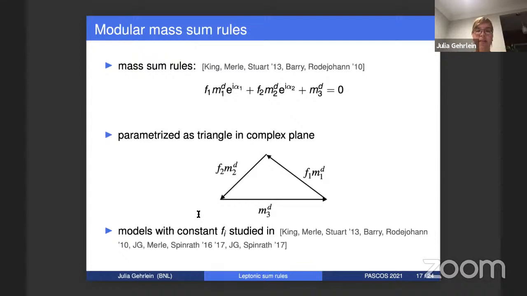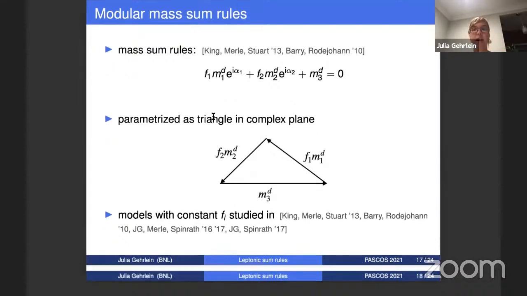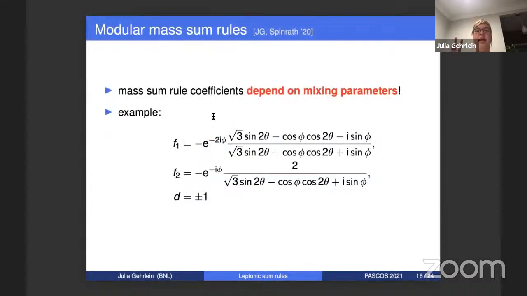Previously, models with constant coefficients f1 and f2 have been studied in the literature. However, it turns out that in models with modular symmetries, the coefficients of the mass sum rule depend explicitly on the mixing parameters. An example is shown here, where we see that the coefficients f1 and f2 are functions of the model parameters theta and phi.